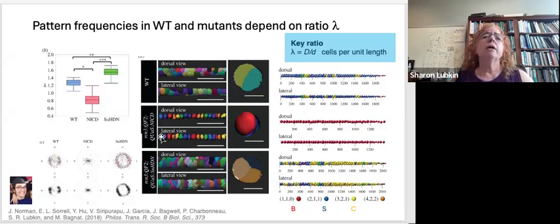In one mutant which has fewer cells, it is almost exclusively packed in the bamboo pattern. And in another mutant that we looked at, which has more cells per unit length, we were seeing the bamboo pattern only at the tip, and primarily the chiral pattern interspersed with short segments of staircase.